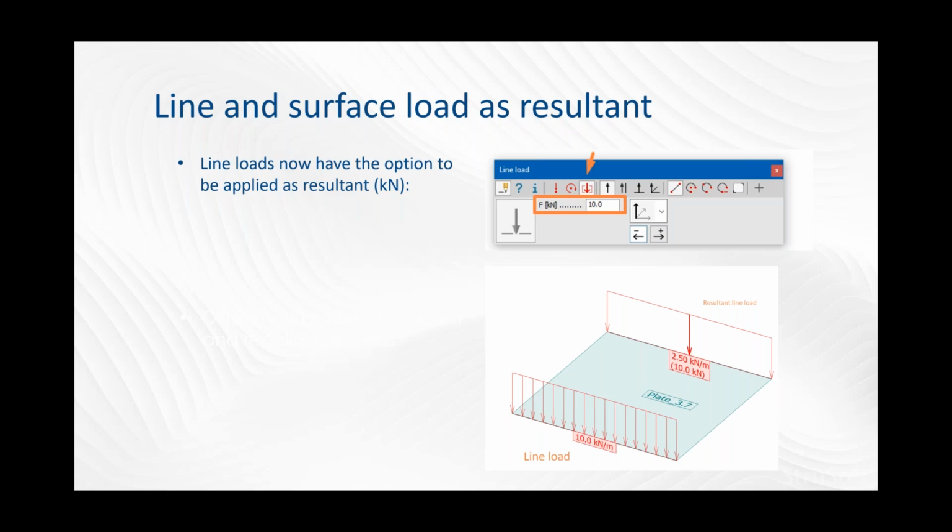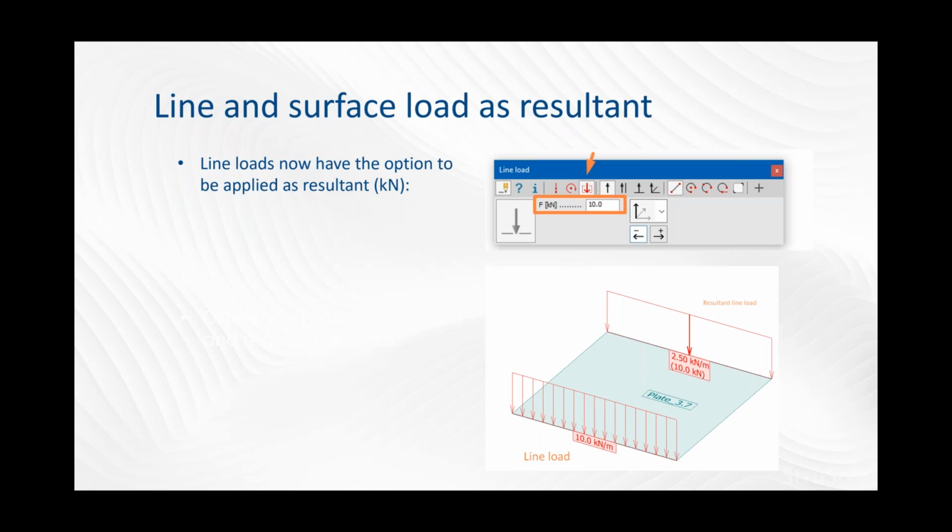Then the next feature was line and surface load as resultants. So basically now you can define a line or a surface load by a resultant, as you see in the attached picture. So I think it's again a quality of life.